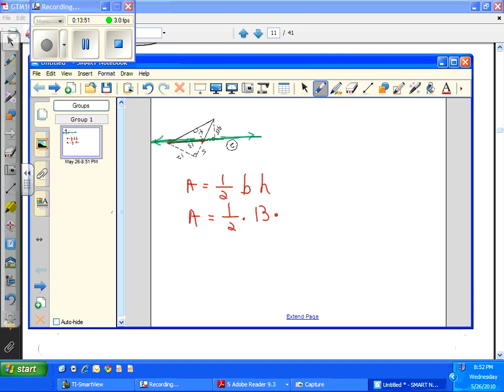If I set it on its bottom, how tall it is straight down from the top to the line that contains the opposite side, that right over there is the height, okay?